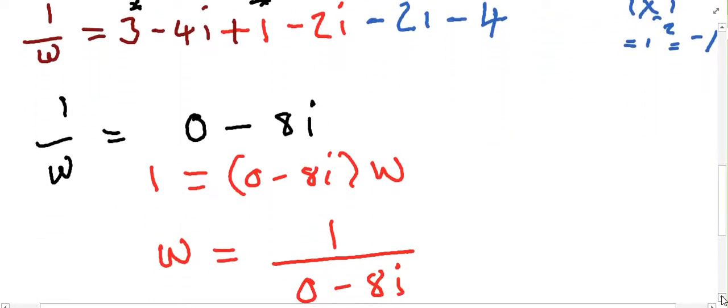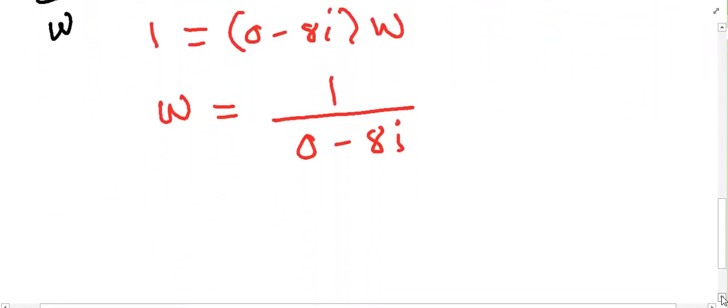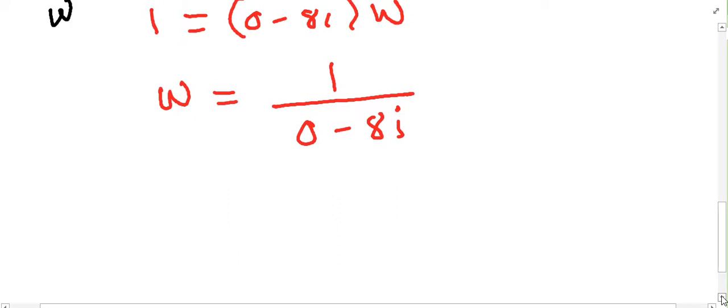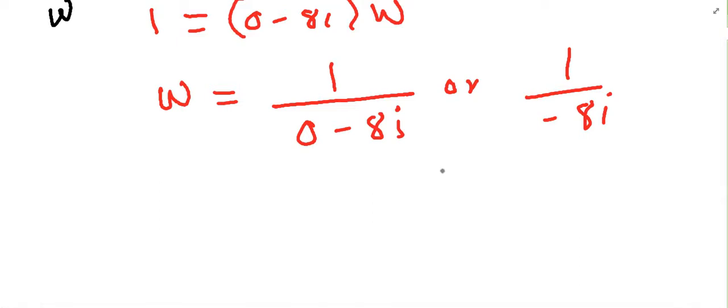If you want, you can go this way, whereby you say 1 over negative 8i, then you find the conjugate there. You'll find the same thing. But in my case, because I've been moving with 0, I'll go with 0.